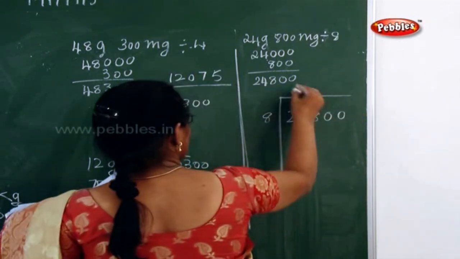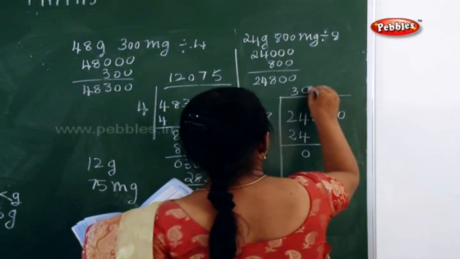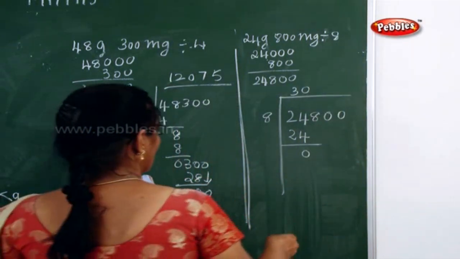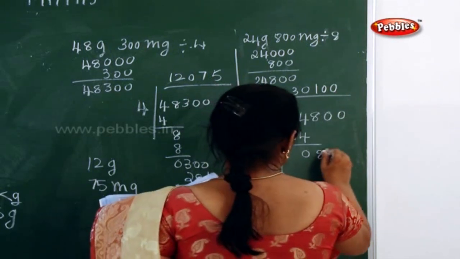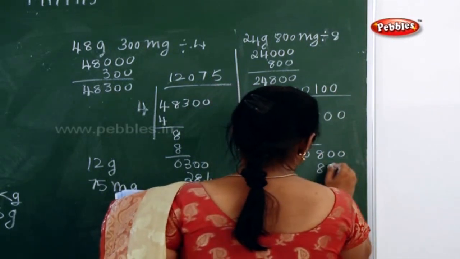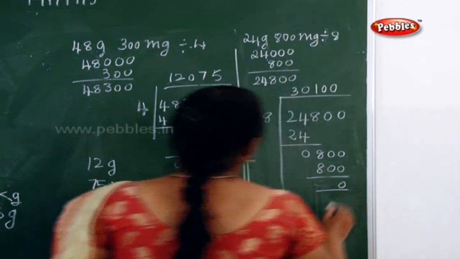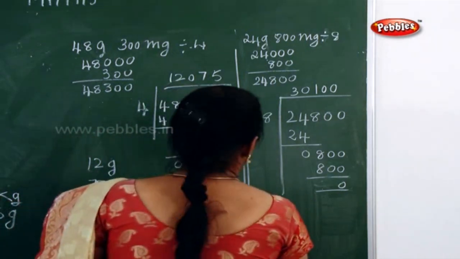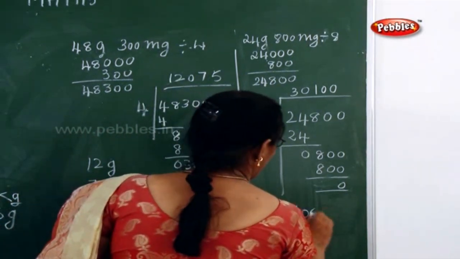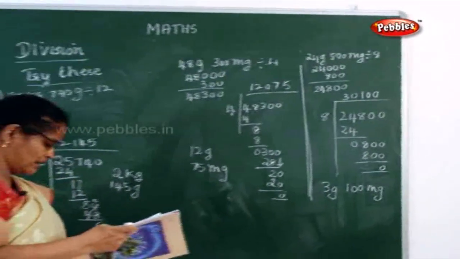Now 8 3s are 24. Now what will you write? 0. Now you have to bring 0. It is 100 times. So now what will you write as your answer? You have to write it is 3 gram and 100 mg.